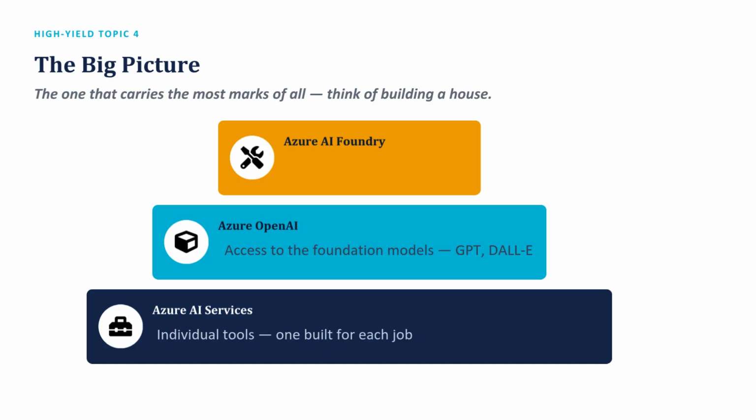Azure OpenAI gives you powerful AI models like GPT to build intelligent applications. Now, Azure AI Foundry is your complete workspace. It is where you build, test, deploy, and manage your AI applications from start to finish. Many AI 901 questions are based on choosing the right platform for a given scenario.